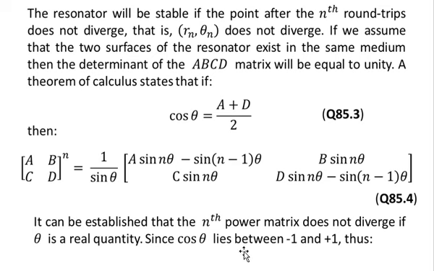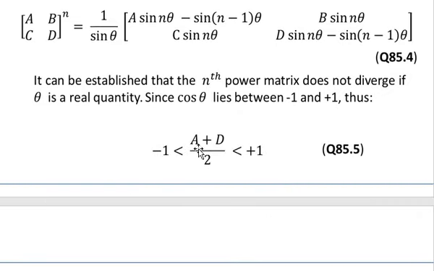Since cos theta lies between -1 and +1, we can write that (A plus D) divided by 2 has a value between -1 and +1. That is, (A plus D) divided by 2 is greater than or equal to -1 and less than or equal to +1.